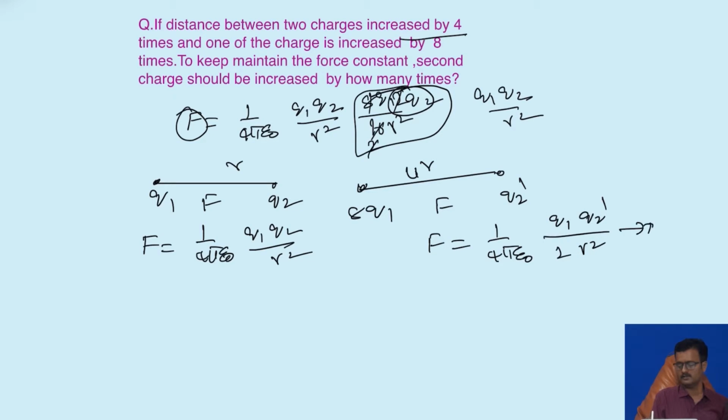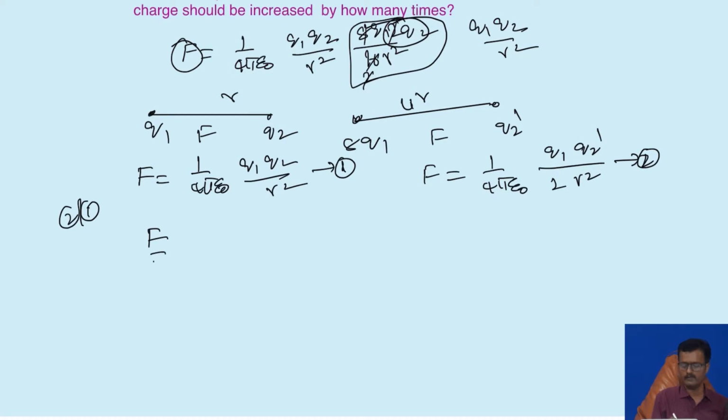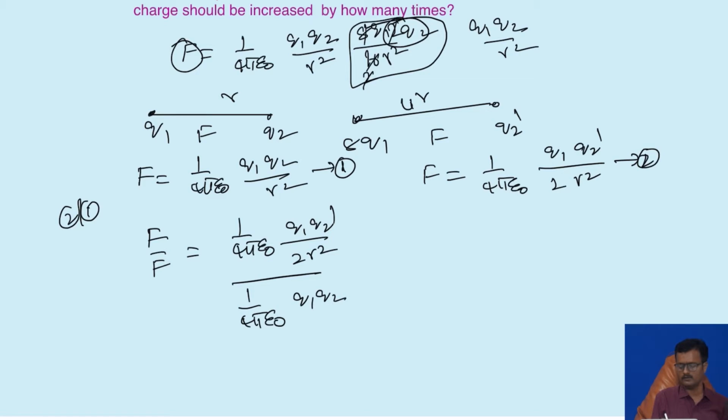So this is equation 2, this is equation 1. So 2 by 1, that is F by F, is equal to 1 by 4 pi epsilon naught Q1 Q2 dash by 2 R square, by 1 by 4 pi epsilon naught Q1 Q2 by R square.